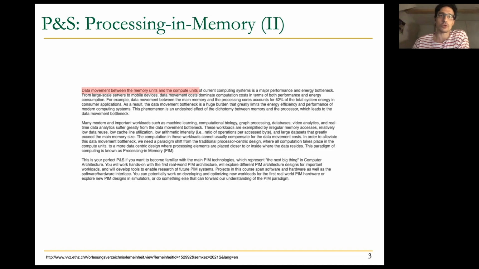Why is that? So if you are familiar with how a computer is built and how it is designed, current computers follow the von Neumann model, right?